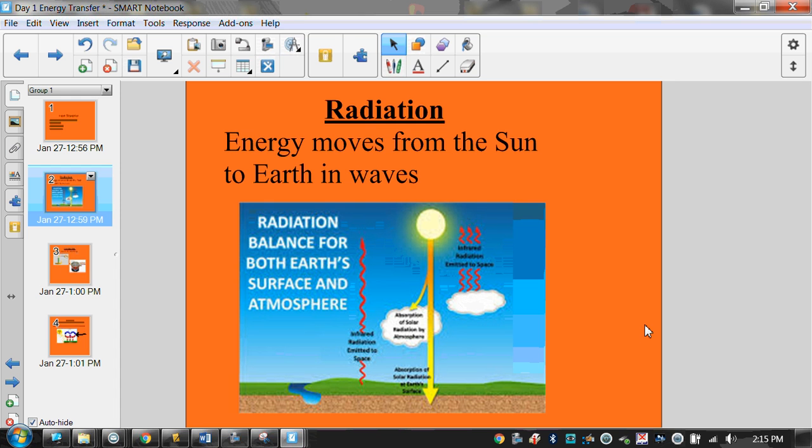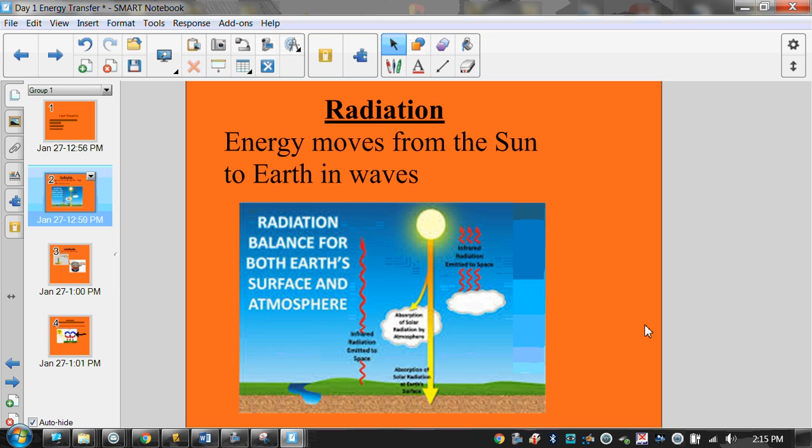Because radiation comes down in those waves, when it comes to the surface of our planet, now it's heat. And as it touches the surface of the planet, it's going to warm up whatever surface it happens to touch. And as that surface warms up, it's going to warm the blanket of air that's right above the surface.